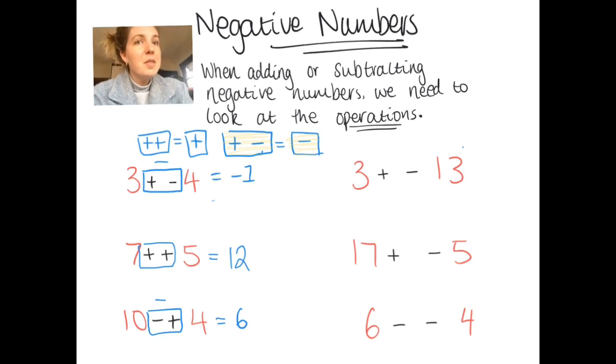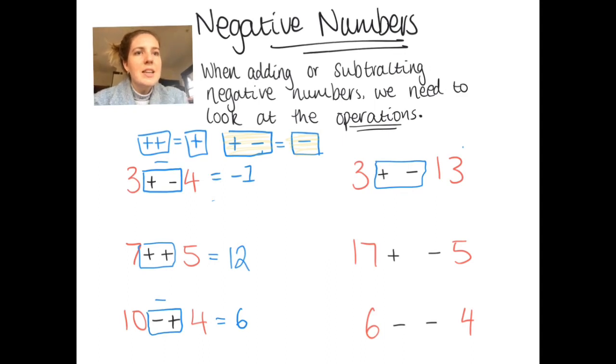Now I'm over here at 3 plus negative 13. A plus and a negative makes a negative. So this is actually asking me 3 take away 13. Now I can do the number line like I did before, or I can do the switcheroo and say, well, 13 take away 3 is 10.